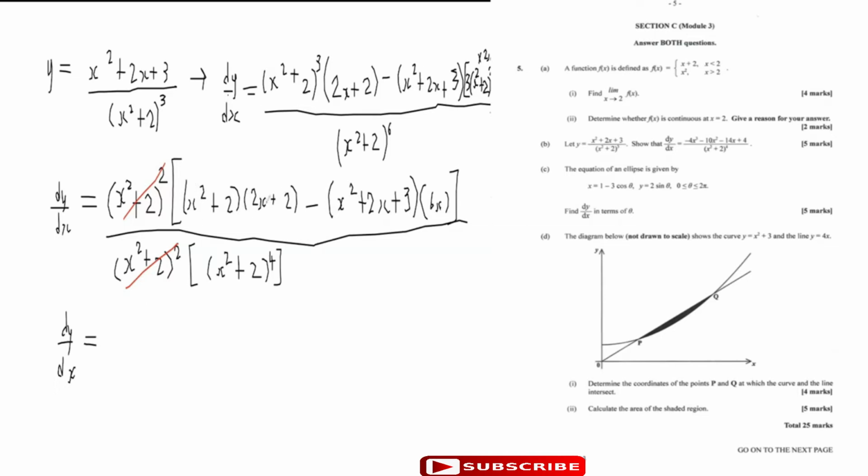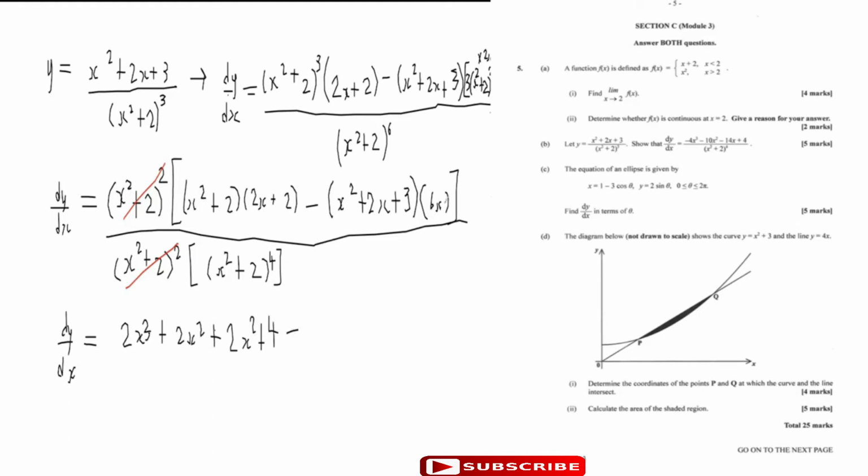Expanding out this numerator, we're going to get x squared times 2x, which is 2x cubed. X squared times 2 is 2x squared, plus 2x squared, plus 4. And it is now subtracting.